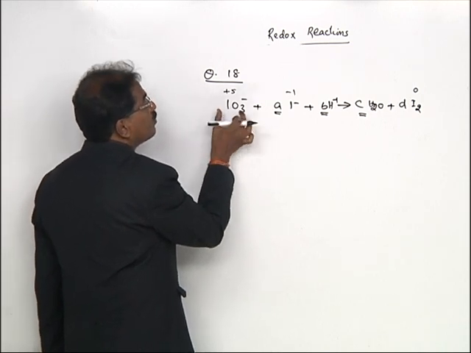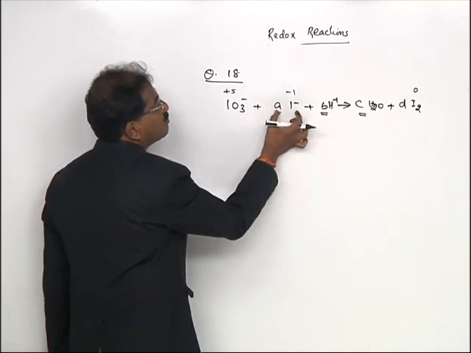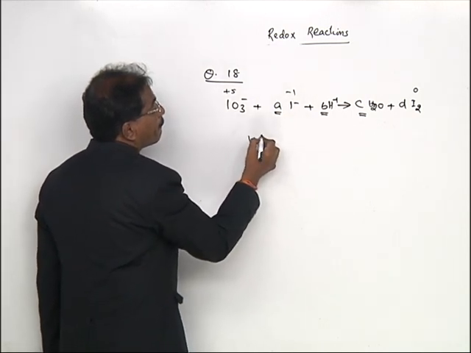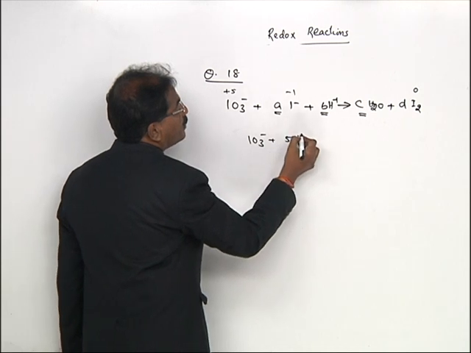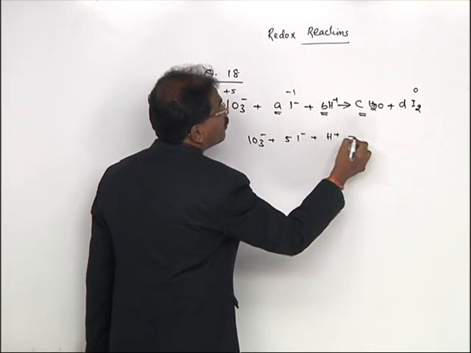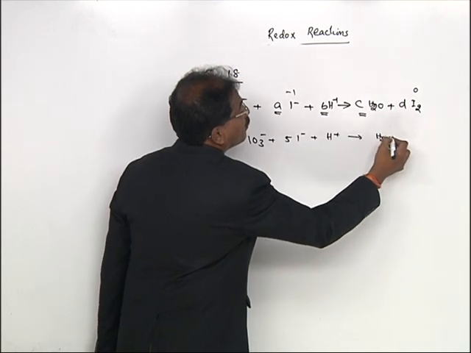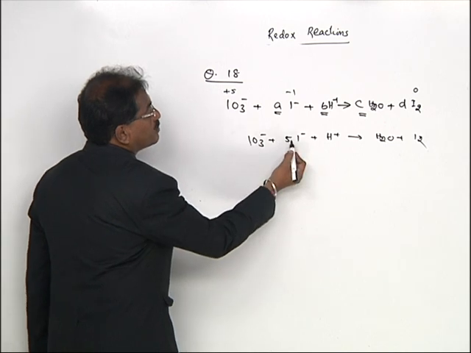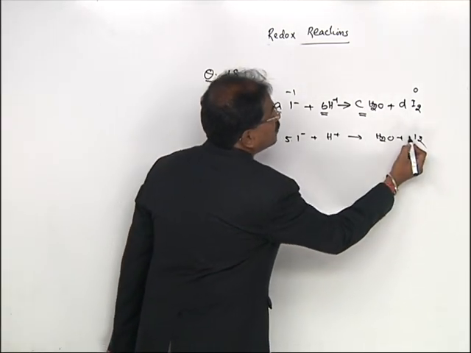Therefore, for 1 mole of IO3 minus, you take 5 moles of I minus. Therefore, 1 plus 5, total 6. Therefore, it should be 3.